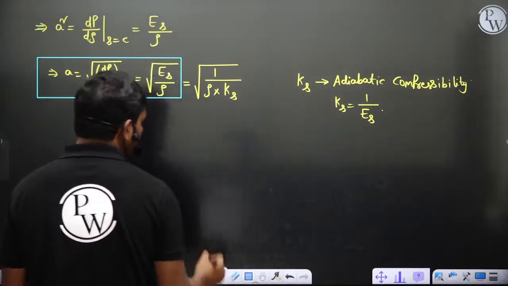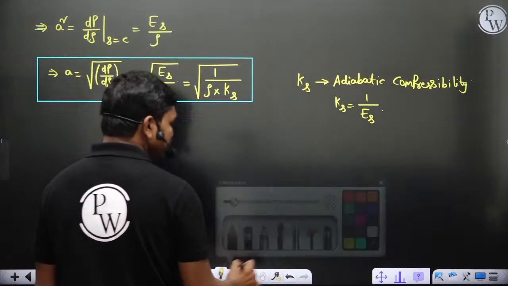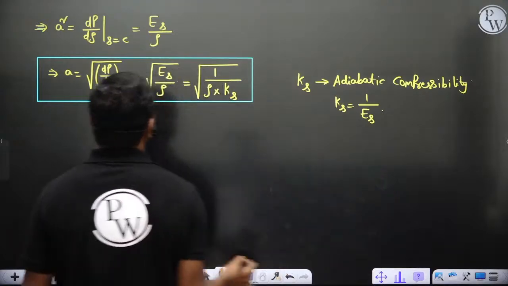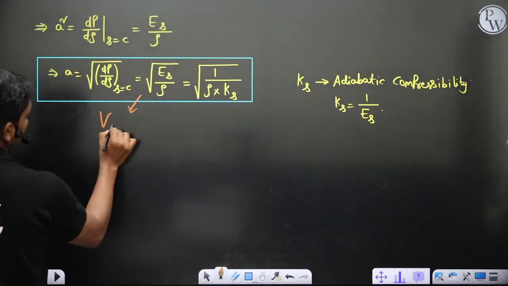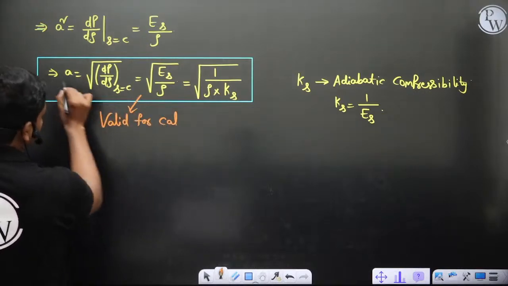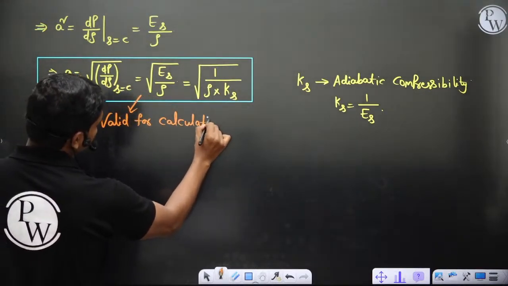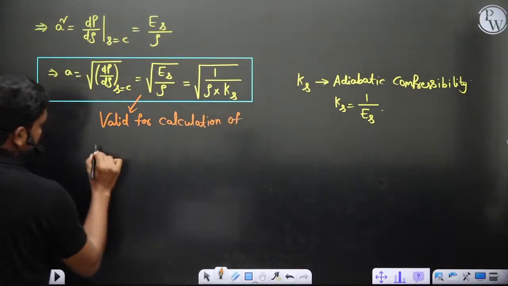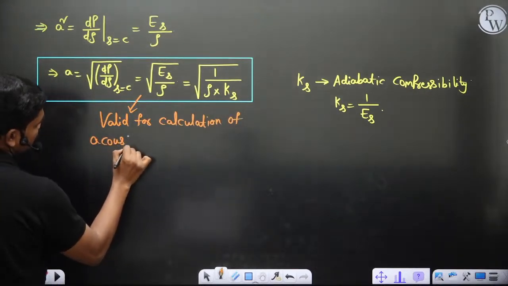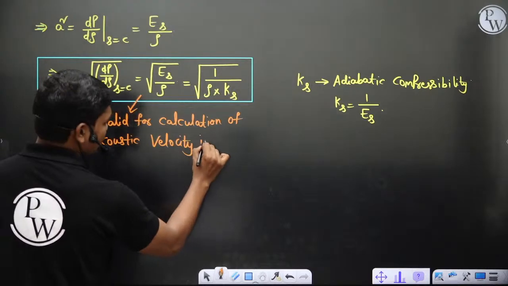So if you write that, you can extend this equation, and this equation whatever I have written is valid for any fluid. So this is valid for calculation of acoustic velocity in any medium.